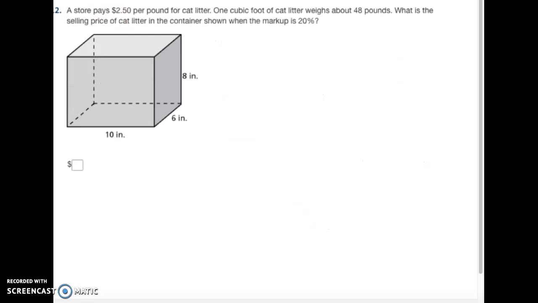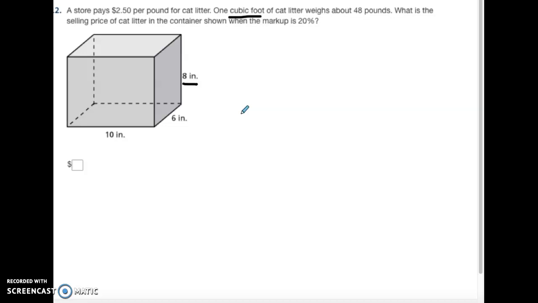All right, number 12, you needed to recognize here that we have inches here, but we're talking about cubic feet. So let me just read through the problem first. A store pays $2.50 per pound for cat litter. 1 cubic foot of cat litter weighs about 48 pounds.